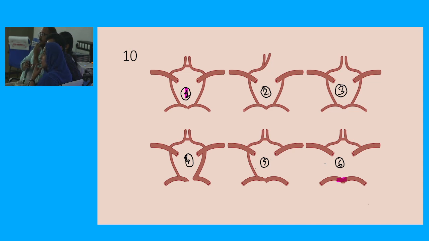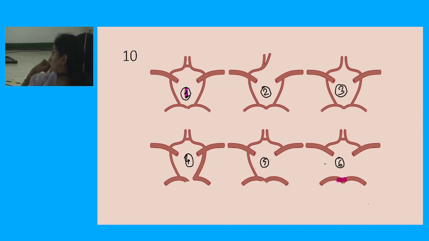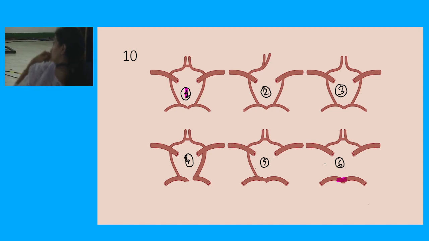Two. Anterior communicating. Number 2. Okay. Can I pass the question? Team C. Four.